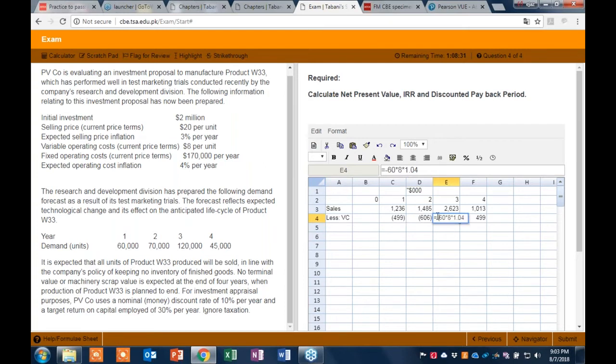Okay, for the third year, the sales volume will be 120,000, and the power of inflation should be 3. And for the fourth year, the sales volume will be 45,000, and the power of inflation will be 4.